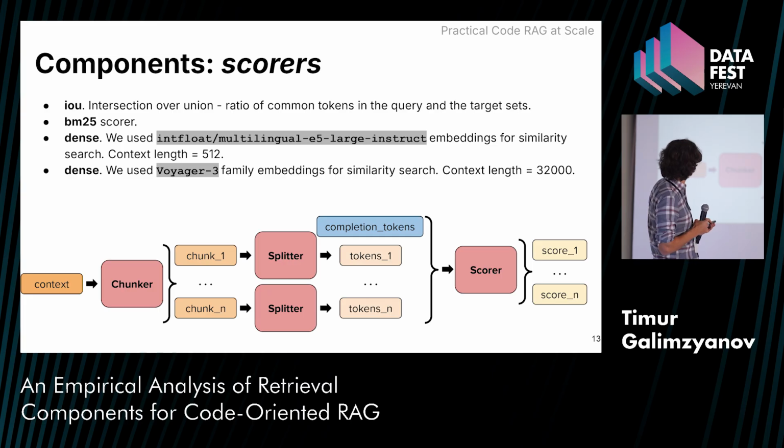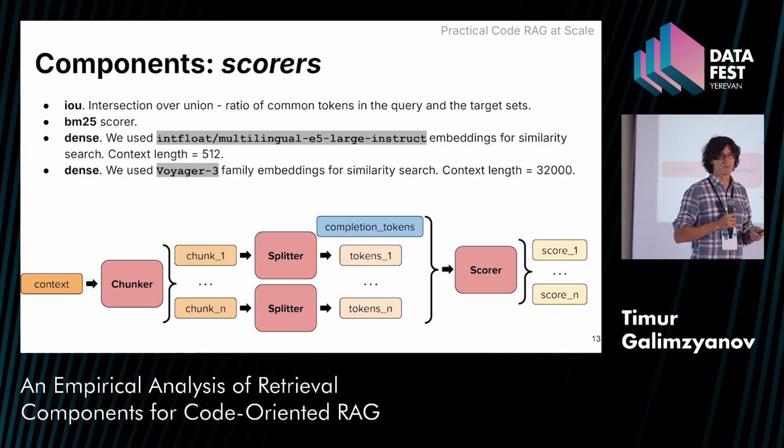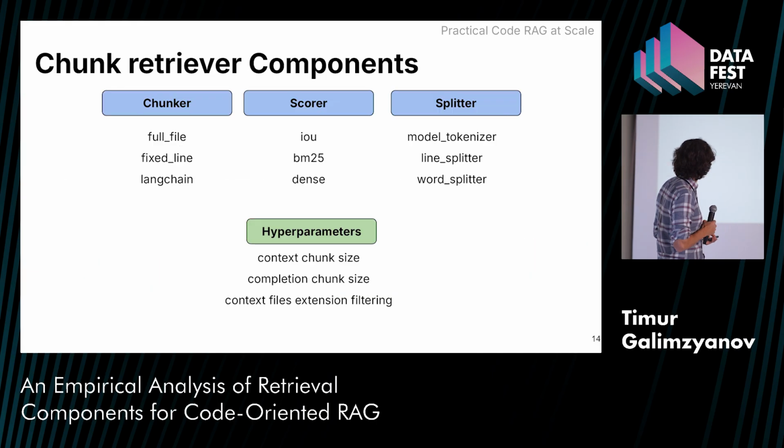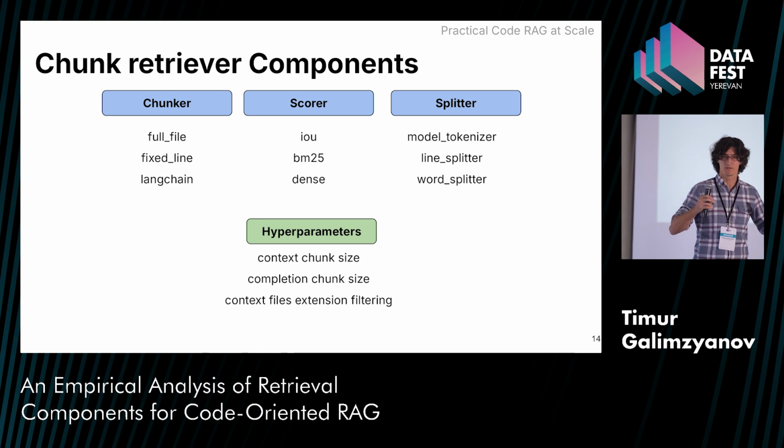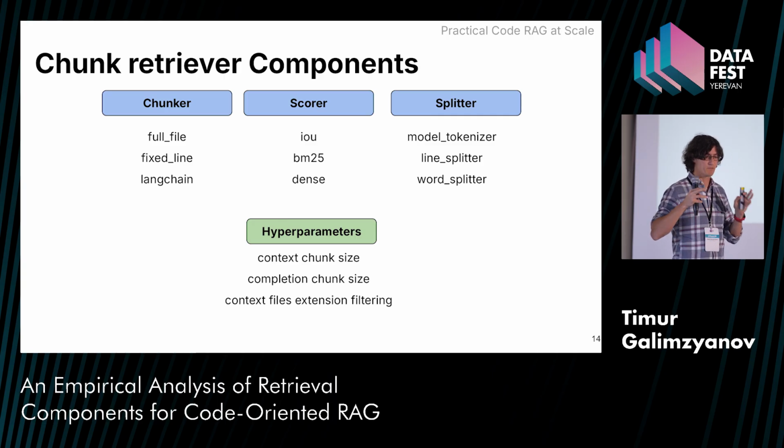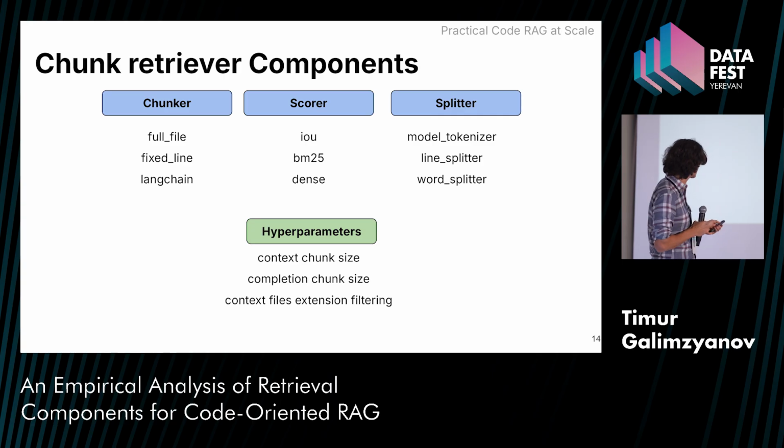One is multilingual E5 large, and the second one is the Voyage 3 family. That is a proprietary model, so we use it via API. So you have a whole bunch of these hyperparameters and design decisions you should make. Our goal was to select the best combination of these options.